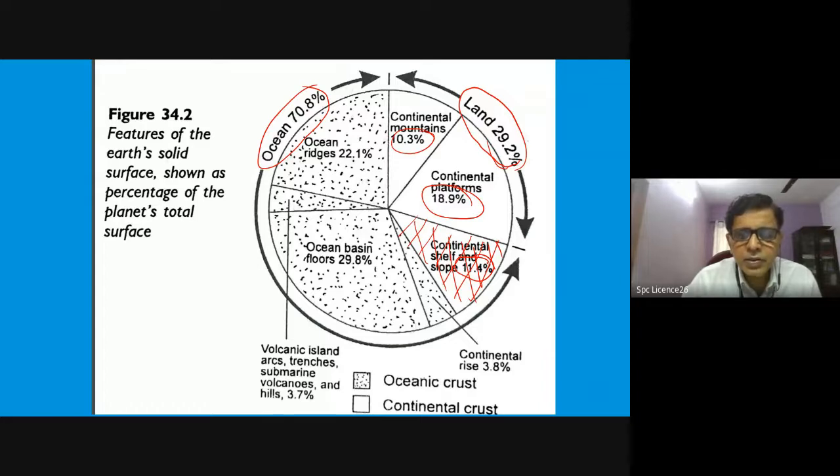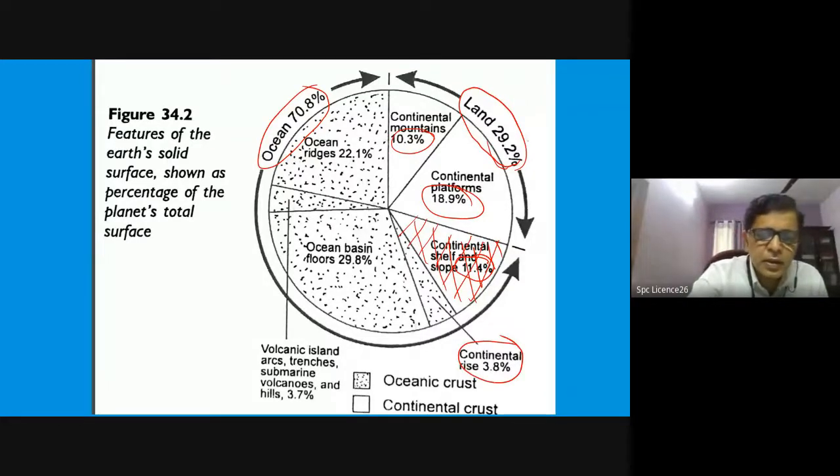As far as the rest of the parts are concerned, as you start moving from land along the coastline into the waters, the first thing that you would encounter is the continental shelf, and then you're going to have a continental slope. Then you have continental rises, which make around 4% of it.